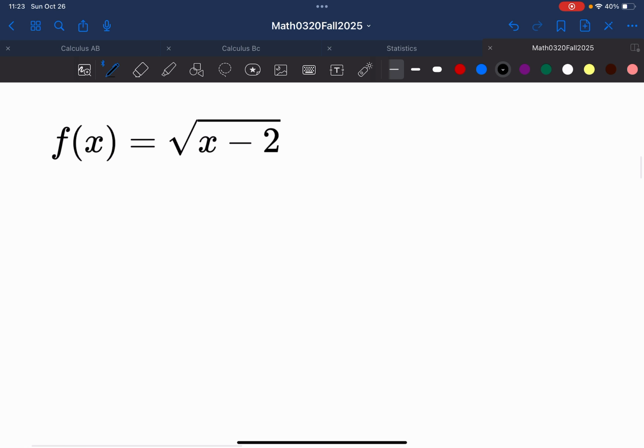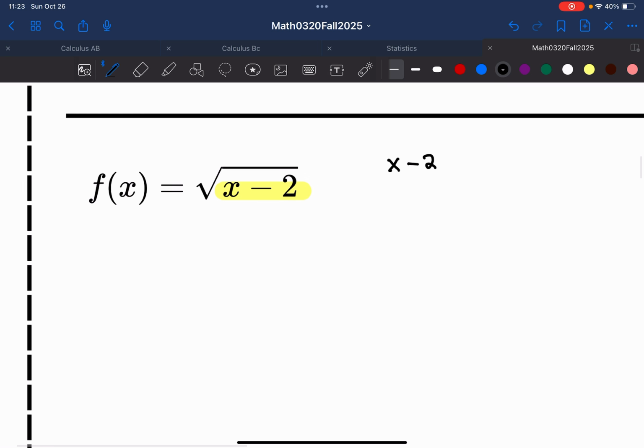Okay, here I have a square root, which means I need to see which of these values would make it negative, and I need to avoid those values. So x minus 2, and I think I changed it in class, so let me change it to reiterate this, that not only now is it a square root, but it's in the denominator.